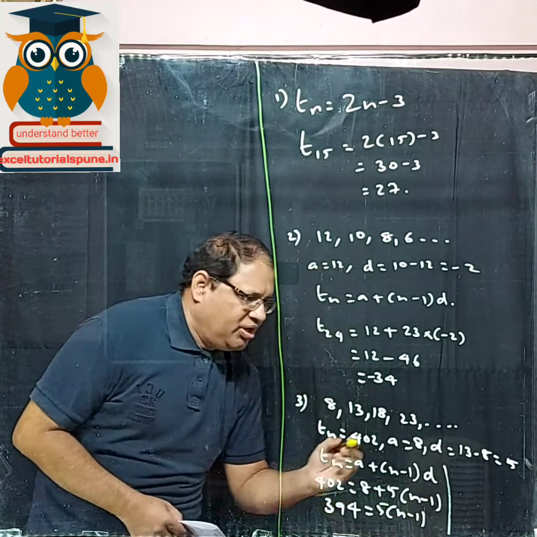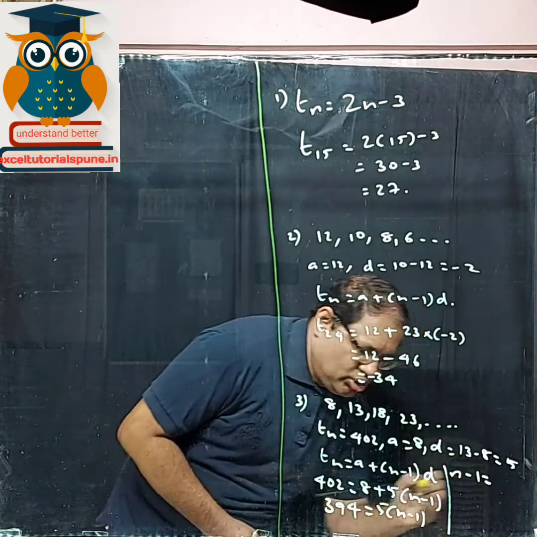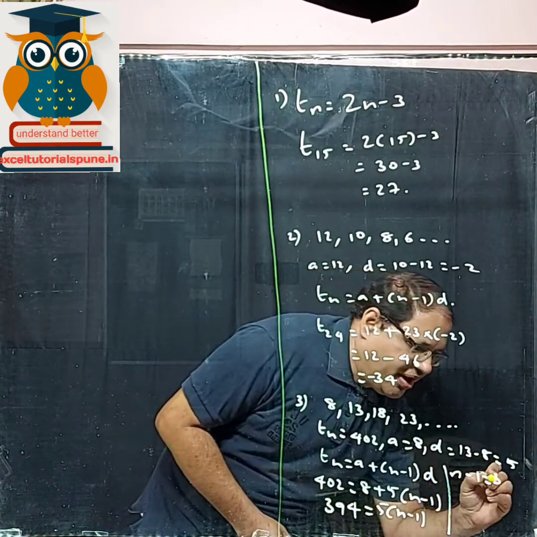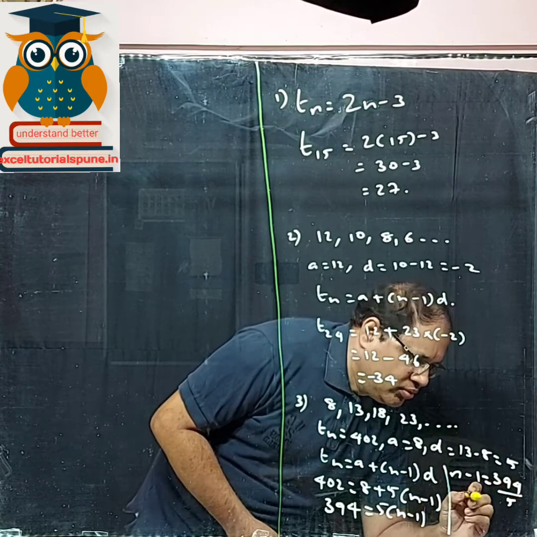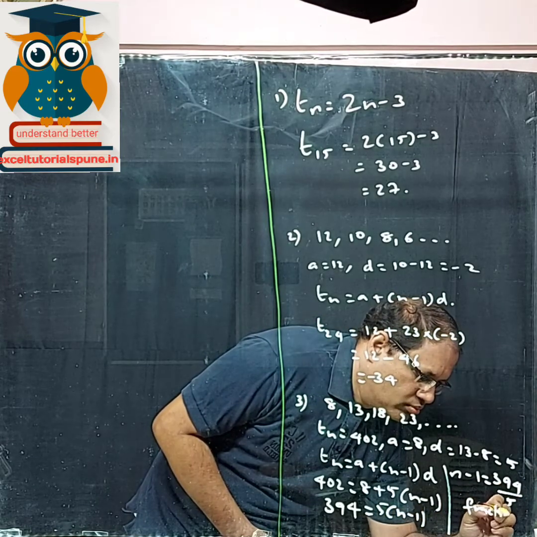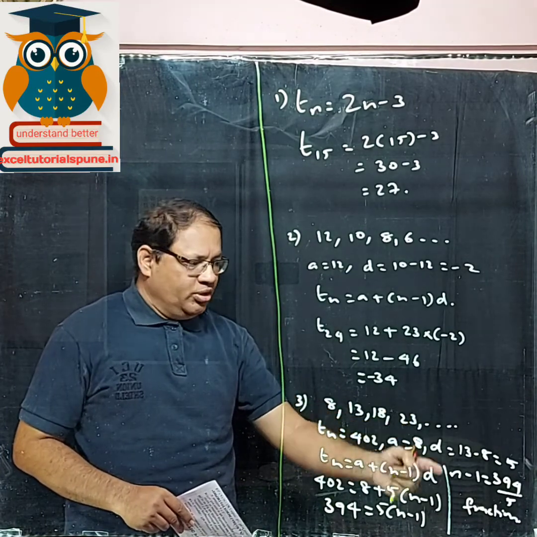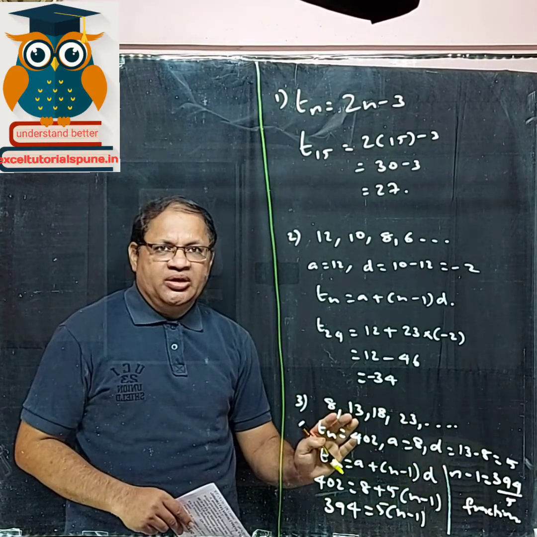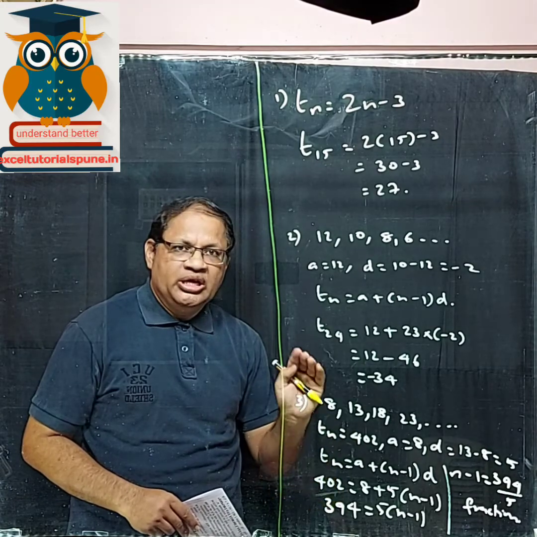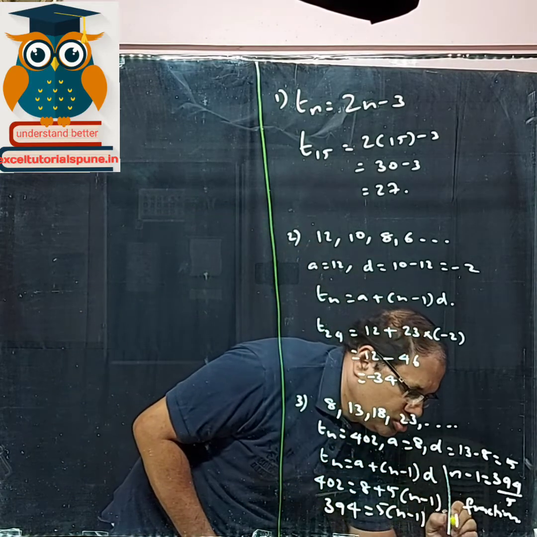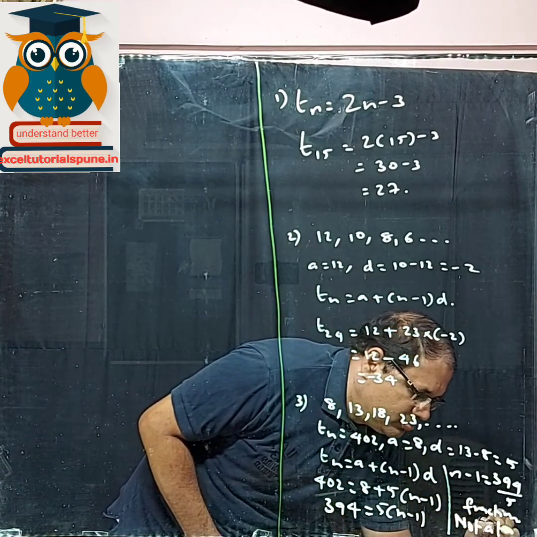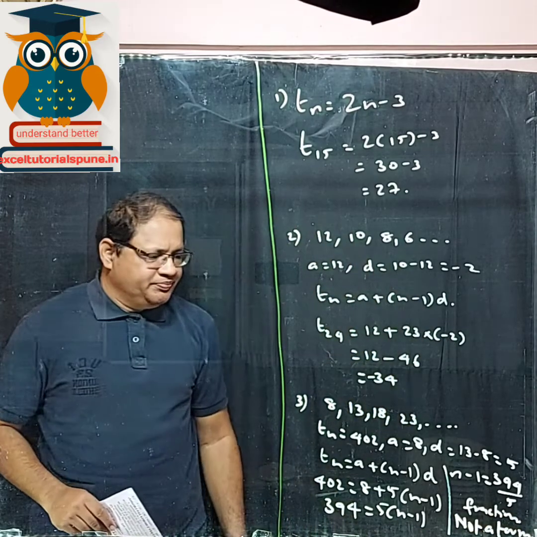Now if you see properly, n minus 1 is equal to 394 upon 5, which is a fraction. So there are no fractions in this. Alright, so it is not possible. So 402 is not a term. Did you get it?